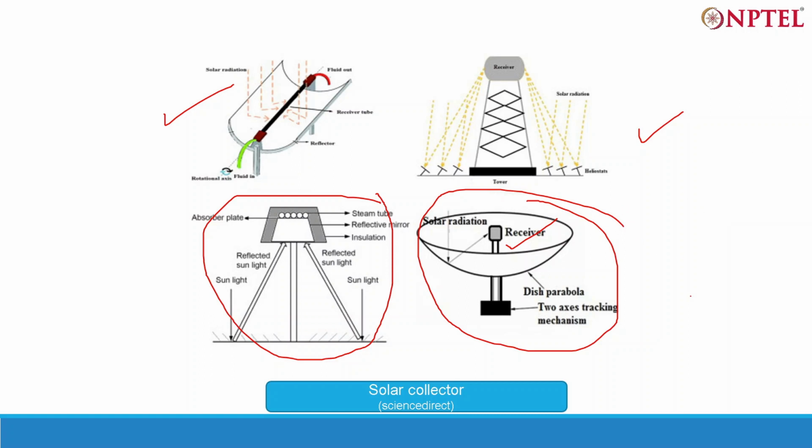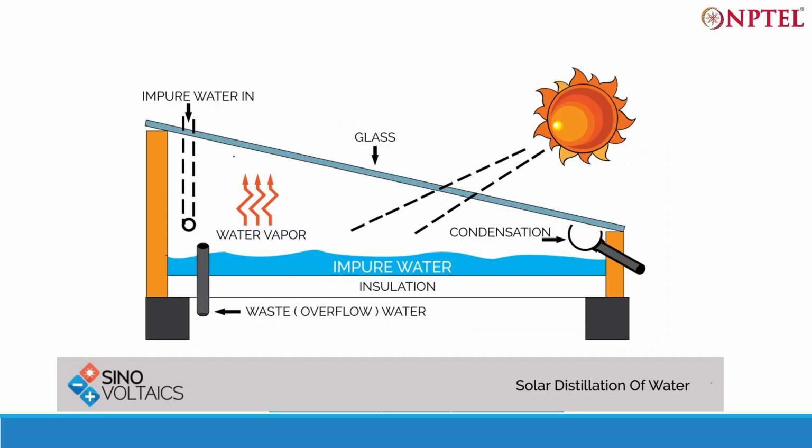Let's move to the next slide. This is basically solar distillation of water. The impure water is here, sunlight comes, evaporation occurs, and the vapor is collected here, then goes through condensation and is collected outside. The main thing is that when distillation occurs, only the pure water goes up and the impurities remain here.